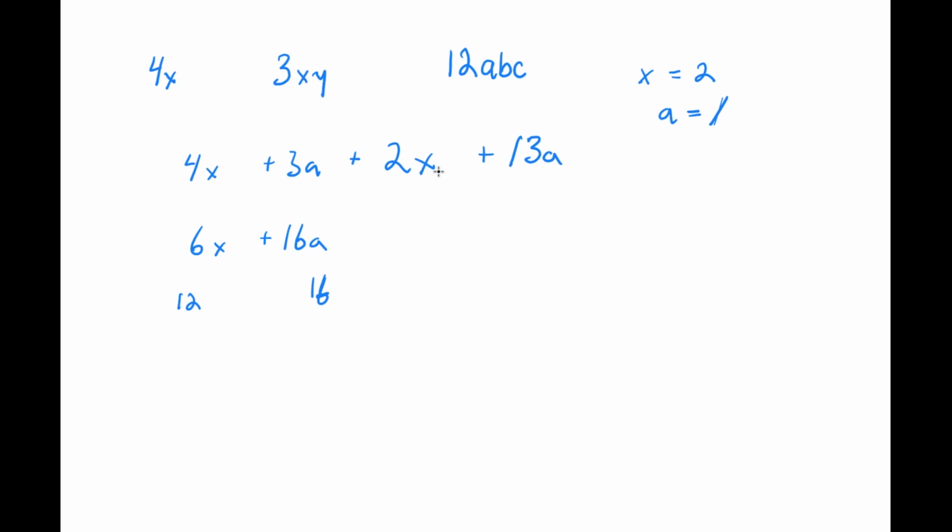Let's see if we can sub them in and come up with the same thing. So that would be 4 times 2 would be 8, right? And 2 times 2 would be 4, right? 8 plus 4, that's 12. 3 times a being 1, that's 3. 13 times a, that's 13.